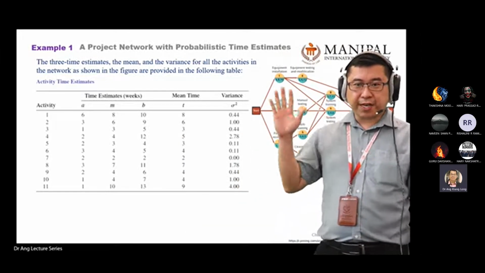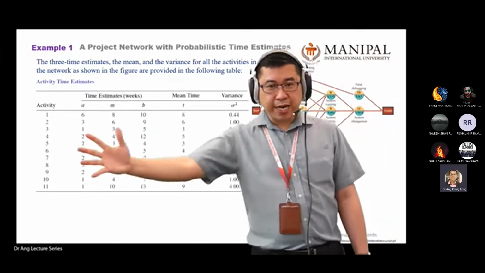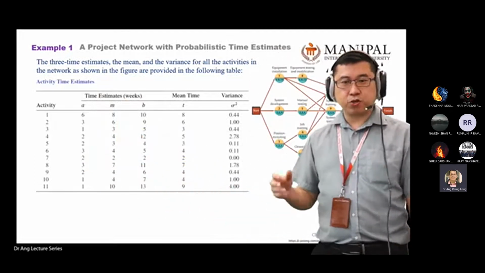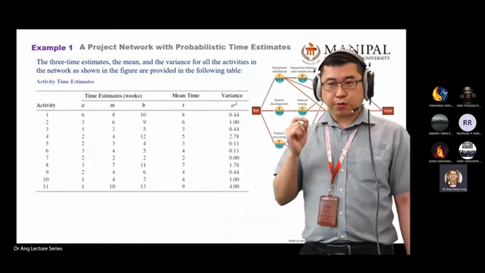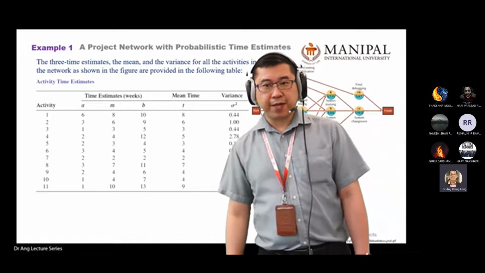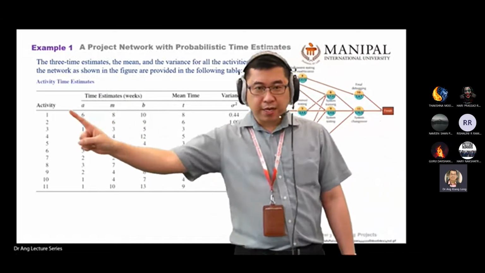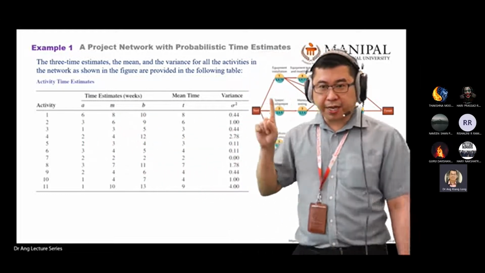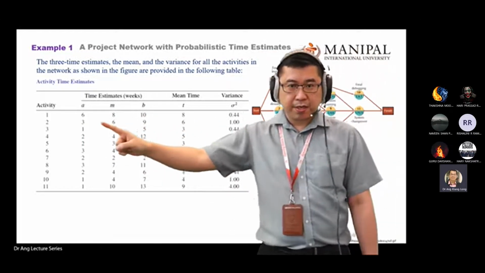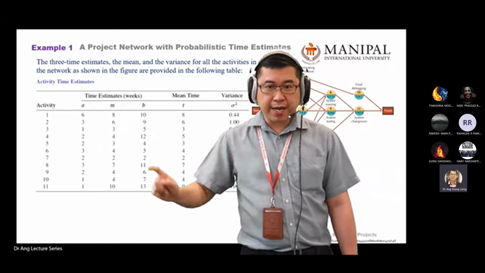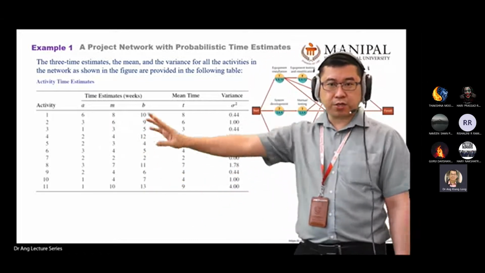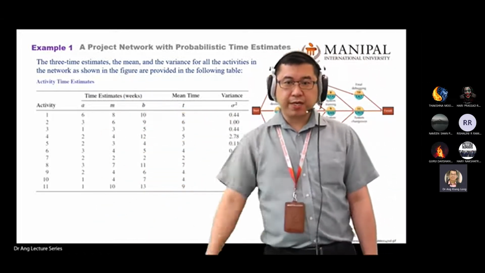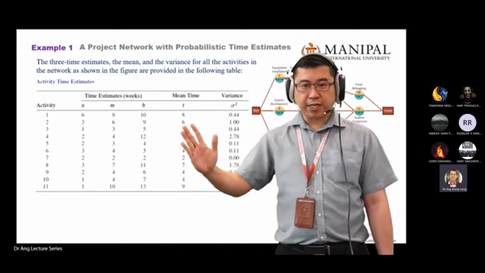But with the help of this table, you should be able to calculate very smoothly, right? So for activity 1, you copy the A, M and B from the diagram. 6, 8, and 10. Once you copy this, you start the calculation on the right hand side.